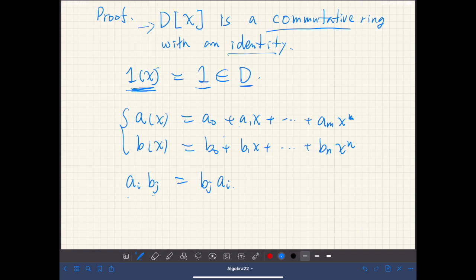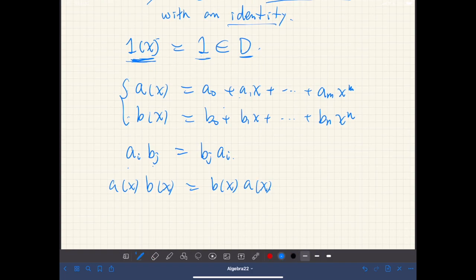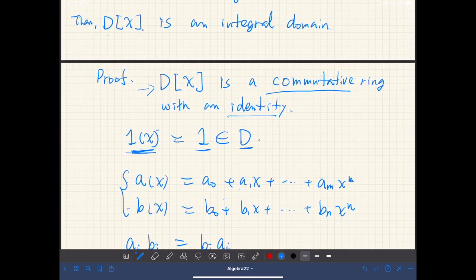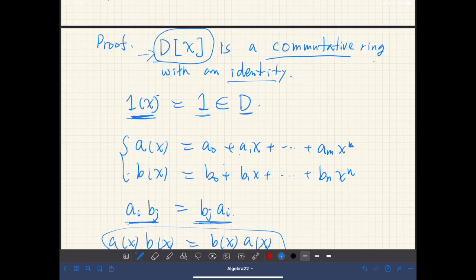So if we multiply these two polynomials, we always have b of x times a of x, because we can commute every product like this. So this holds. Therefore, this polynomial ring is a commutative ring with identity.